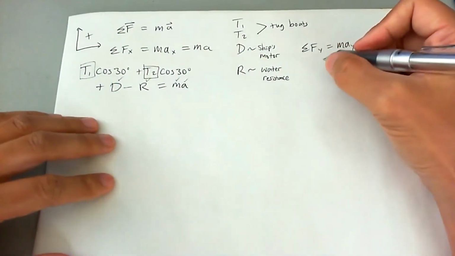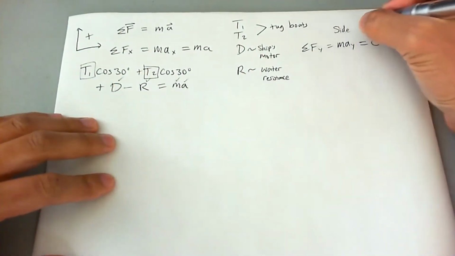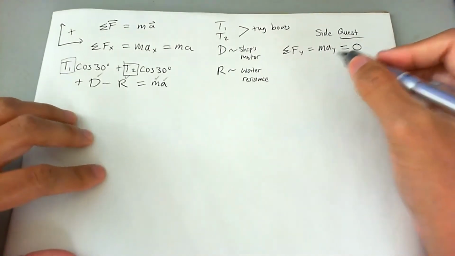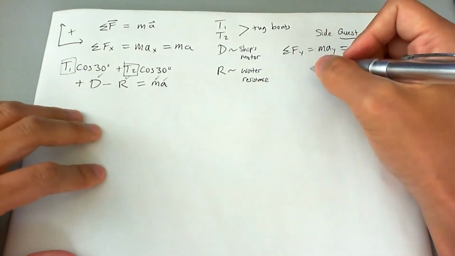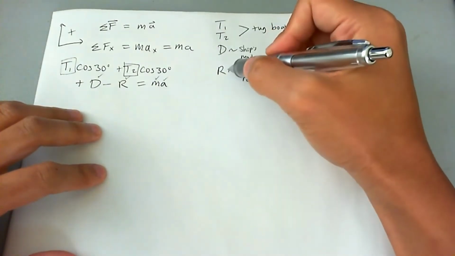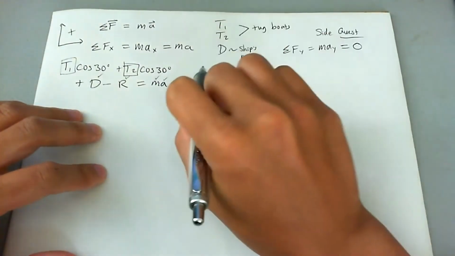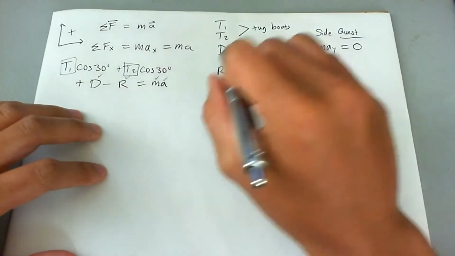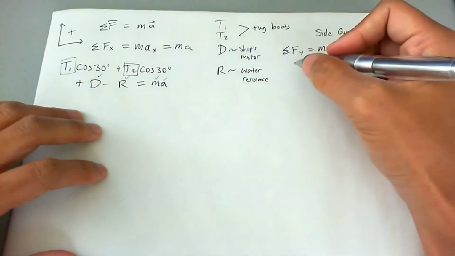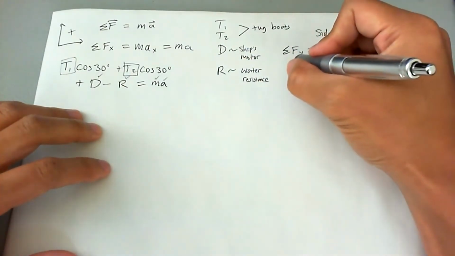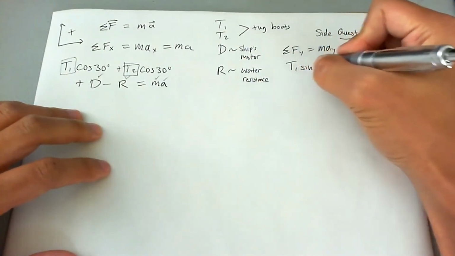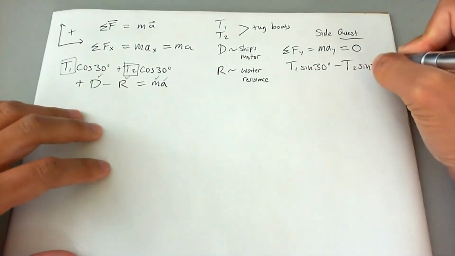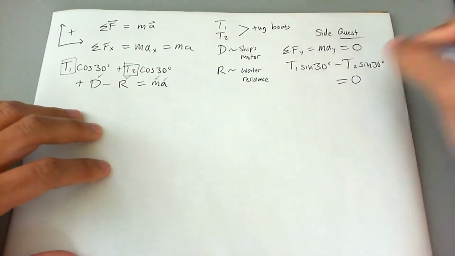So now we're going to do a little side quest, where we look at the Y component. The Y component consists only of two forces because D and R only go to the right and to the left with respect to the picture. So T1 goes up, T2 goes down. We're going to say T1 sine 30 degrees minus T2 sine 30 degrees is equal to 0.